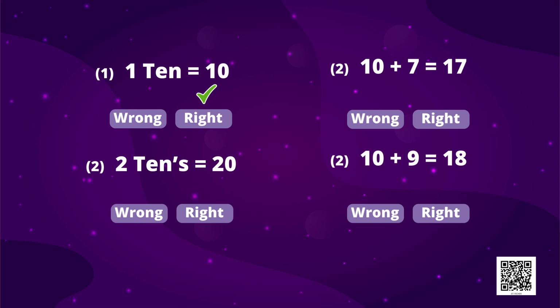That's also correct. 10 plus 7 is equal to 17. Right or wrong? Absolutely right. 10 plus 9 is equal to 18. Right or wrong? Oh, that's wrong. 10 plus 9 is equal to 19.